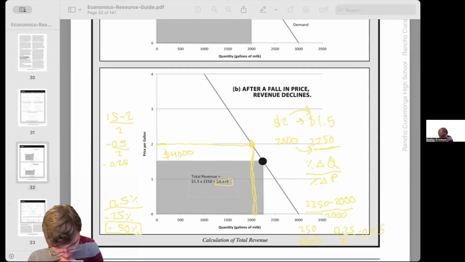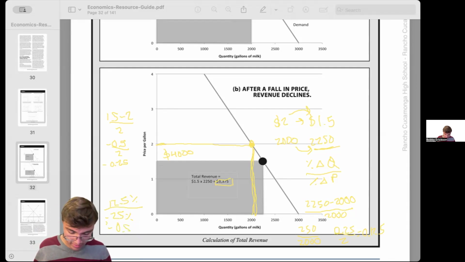And so that's what we have, or not negative 50%, apologies. It's just negative 0.5. Well, I guess it's the same, negative 50%, but negative 0.5 is the elasticity here.